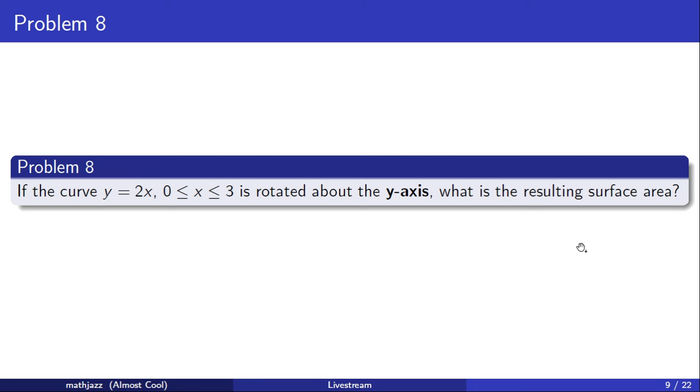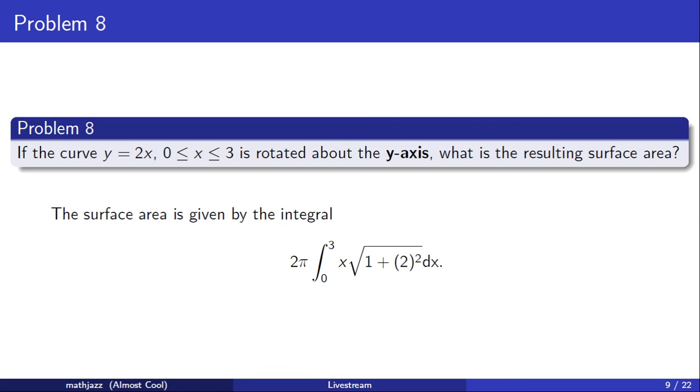Well, you have to remember what the surface area formula is. And here it is. When we're rotating around the y-axis, we do x times the square root of 1 plus the derivative of the function squared. When we're rotating around the x-axis, we do the function times the square root of 1 plus the square of the derivative of the function.